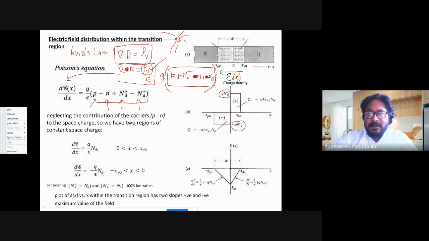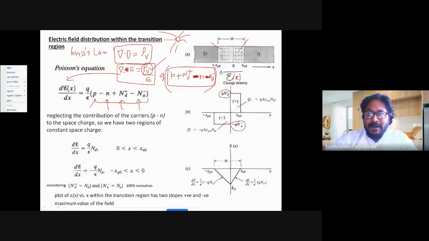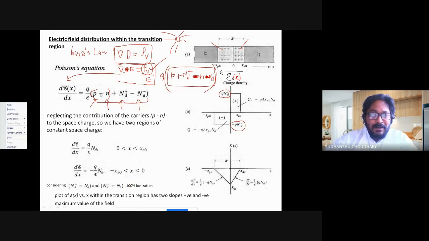So you cannot have any carrier inside this region, right? So if we go by that approximation, we'll have to make this term 0. So let us assume that P minus N is 0. So if P minus N is 0, we are left with only ND plus minus Na minus, right?